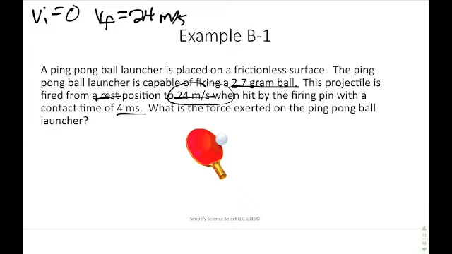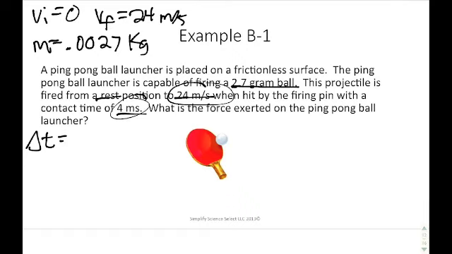We also have the mass of the ball as 2.7 grams, or 0.0027 kilograms. You should be able to convert to kilograms. Next, you have the contact time, which is 4 milliseconds, or 0.004 seconds. So there were two different conversions that we had to do in this case.